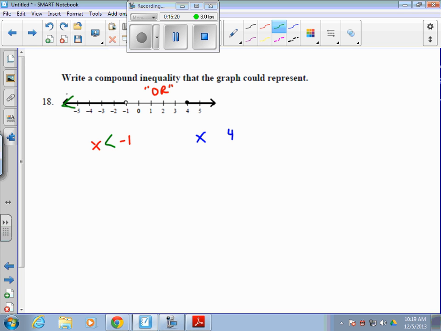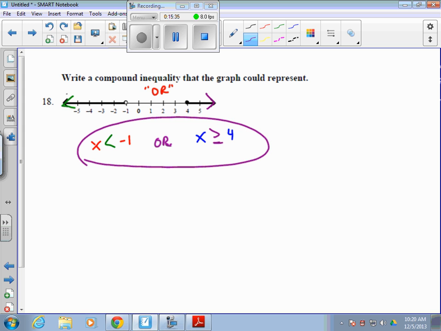It's not or equal to. This one says greater than because it's going to the right, but it is colored in, so that makes it or equal to. Since it's an or inequality, you simply write the word or in between them. So x is less than -1, or x is greater than or equal to 4.